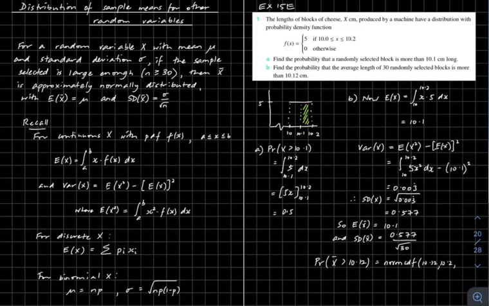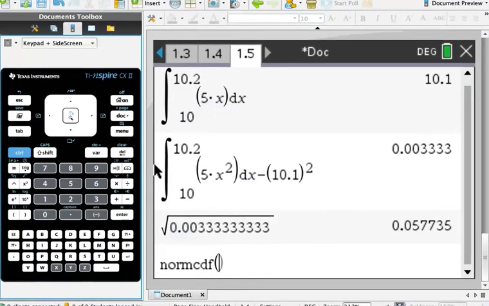I'm going to struggle to fit this in here, aren't I? The mean is 10.1 and the standard deviation is 0.577 over root 30. Let's enter that in here.